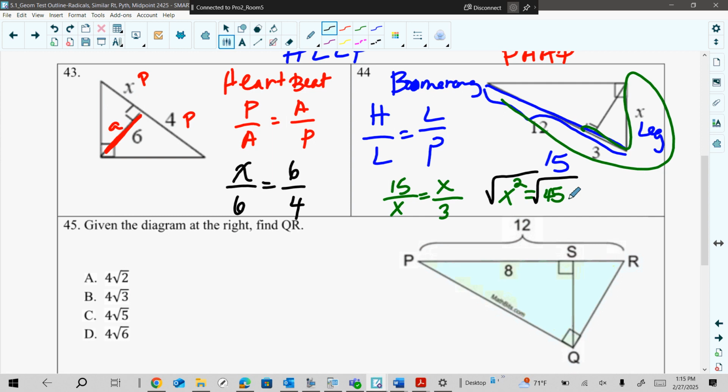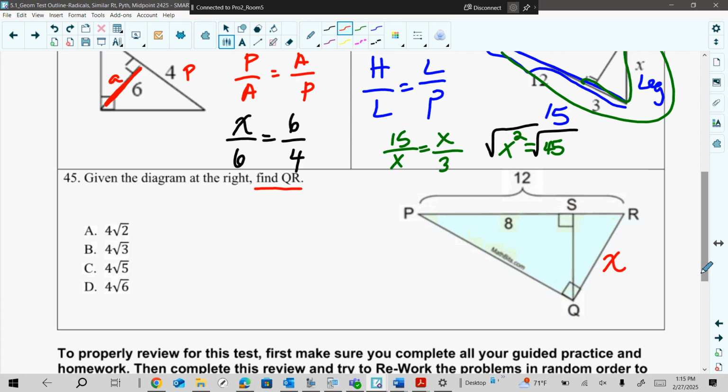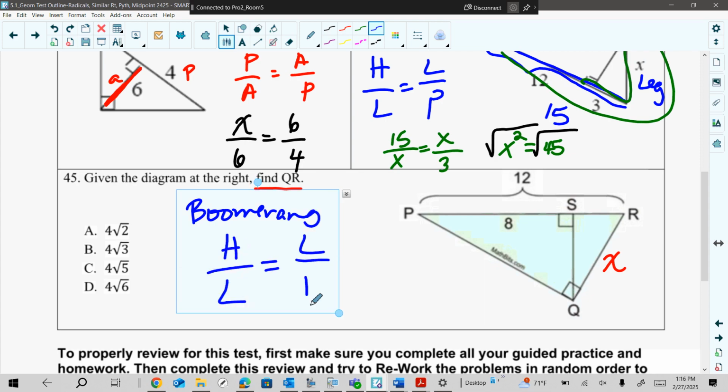And then here they're saying find QR. So what method should we use on the last problem? It's not heartbeat because there's nothing inside. It's boomerang. Hypotenuse over leg equals leg over part.